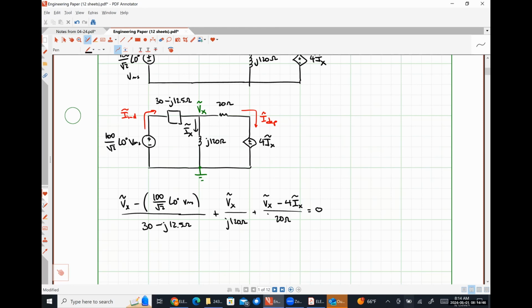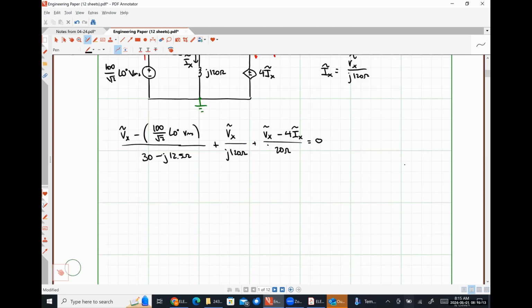So right now I have one equation and two unknowns, so this is still looking a little gross. But we can just use Ohm's law to figure out what Ix is, right? So using Ohm's law, and I'll do that up here, we would just have Ix is simply Vx divided by j120 ohms. And so anywhere we see Ix, we can simply substitute that in, right?